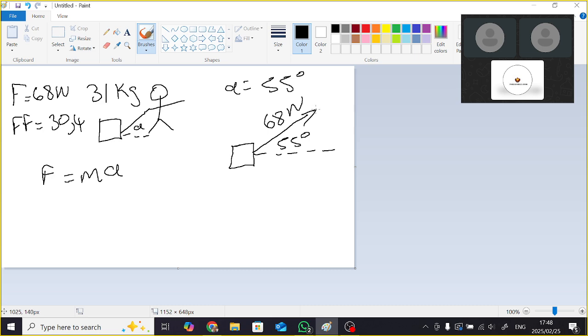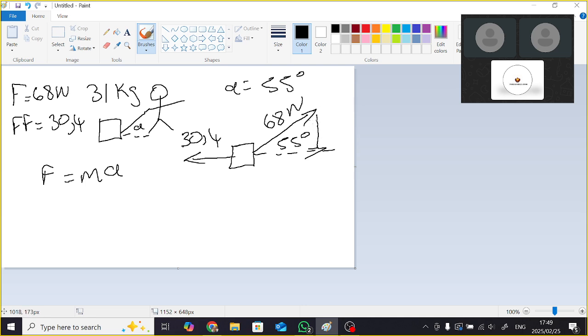And we're going to have to break this up into components, because we want a horizontal force. Remember we spoke about horizontal forces, and we can see the frictional force is going this way, and the frictional force is equal to 30,4, right? So let's break this up into components.